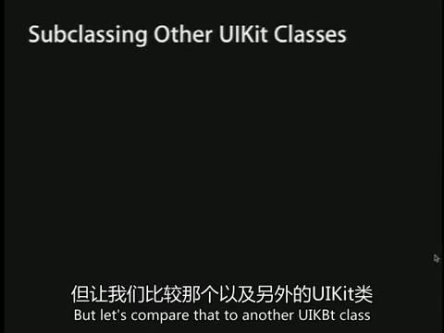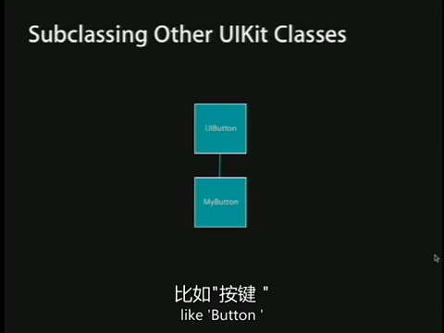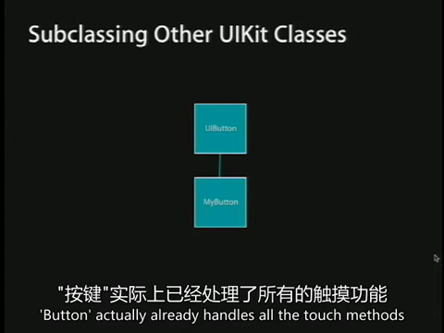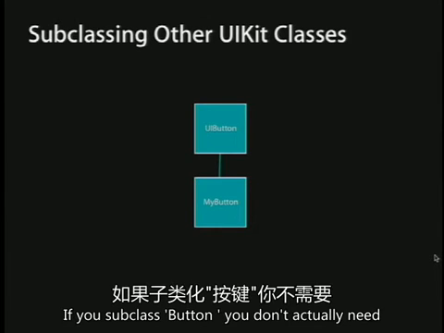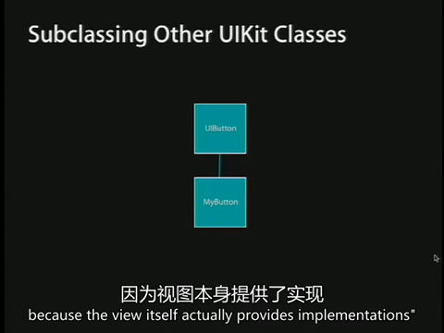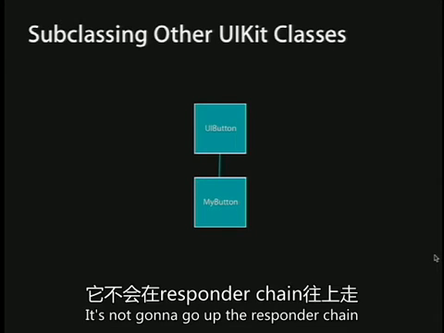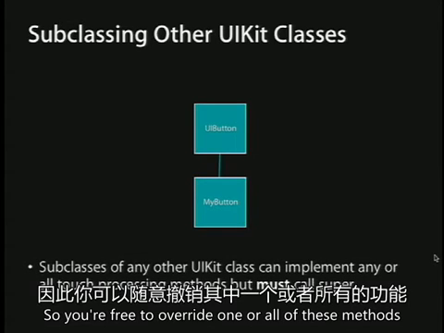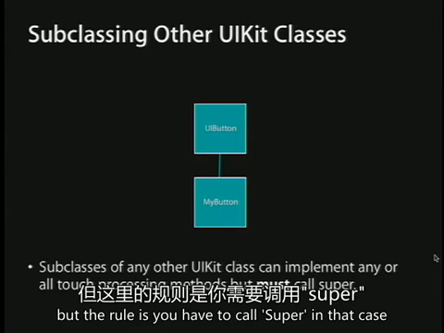But let's compare that to another UIKit class like UIButton. Button actually already handles all the touch methods. If you subclass button, you don't need to provide implementations for all of these because the class itself provides implementations. It's not going to go up the responder chain. So you're free to override one or all of these methods, but the rule is you have to call super in that case.